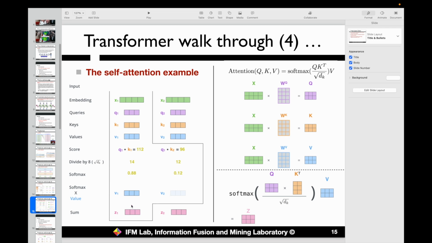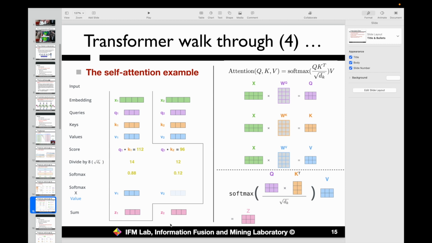It's a weighted summation of V1 and V2, and the weights are defined by the terms we calculated here. This is how we calculate Z1 as the representation for X1. It captures information from X1 and also X2. However, these two have different roles and different weights in learning the Z1 representation.